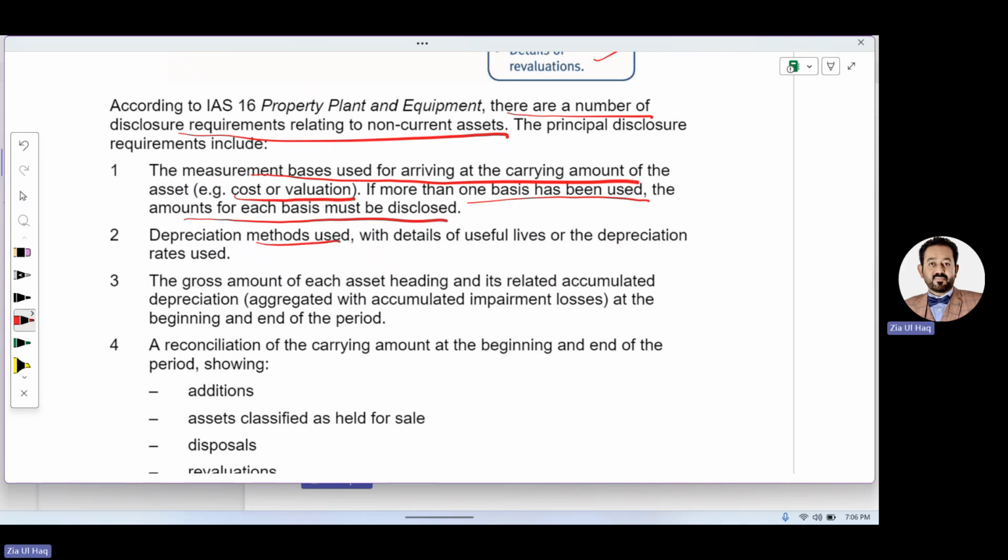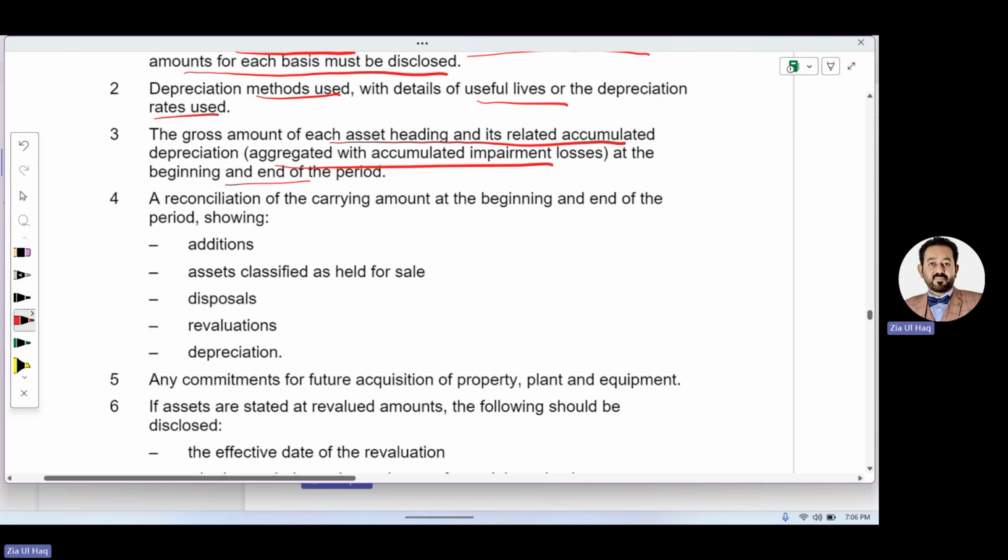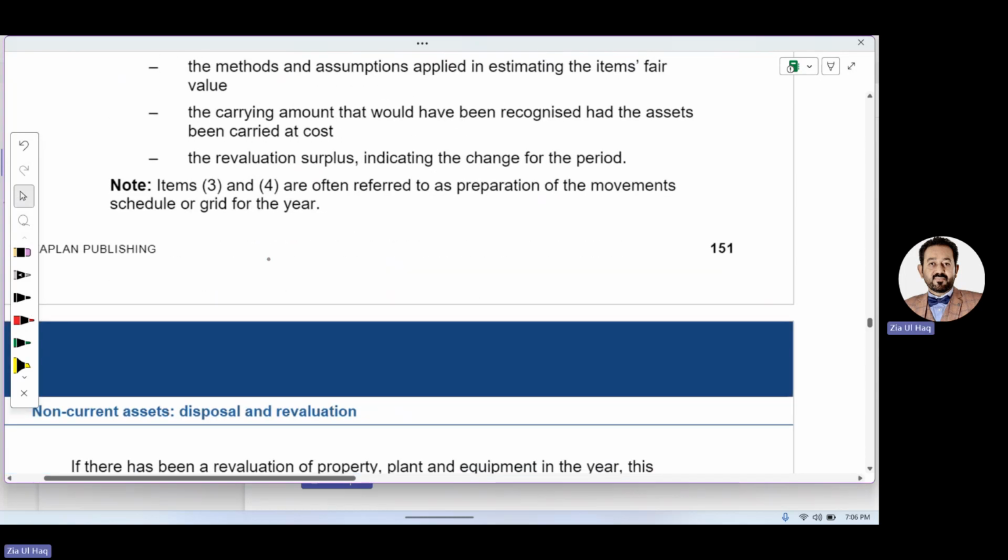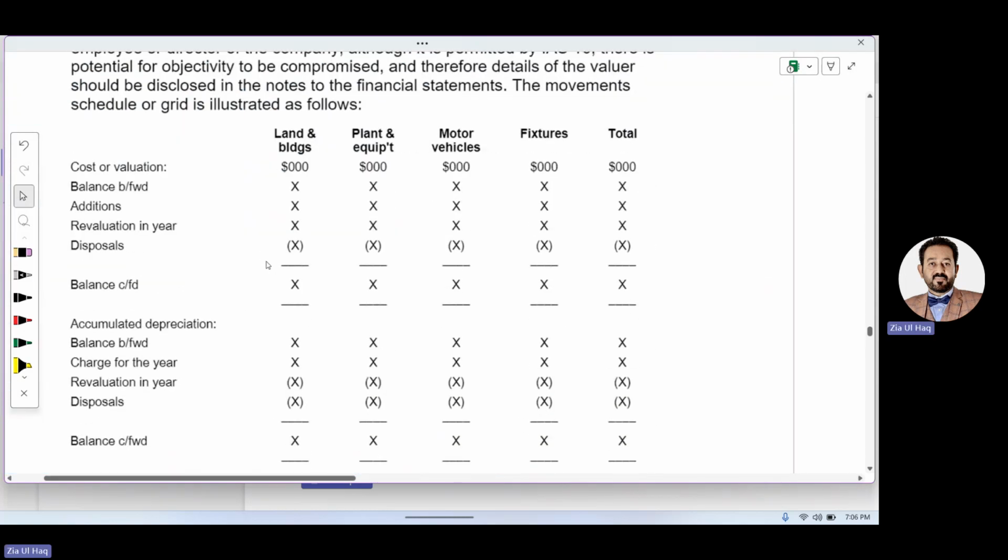Depreciation method, useful life and depreciation rate should be disclosed. The gross amount of each asset heading and its related accumulated depreciation should be disclosed. And a reconciliation of the carrying amount at the beginning and end of the year, meaning its additions, its disposals and revaluations, must be disclosed. How can a company disclose assets like this?